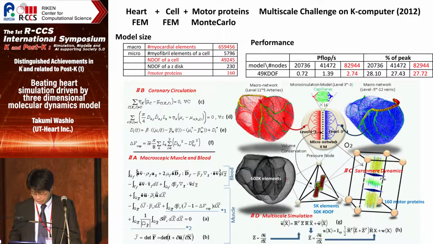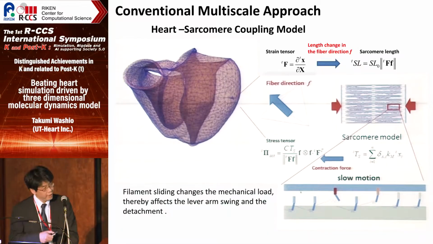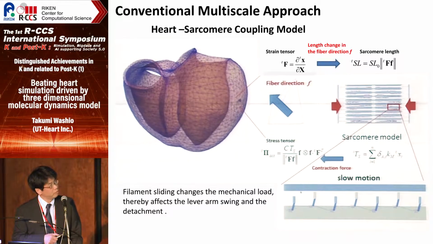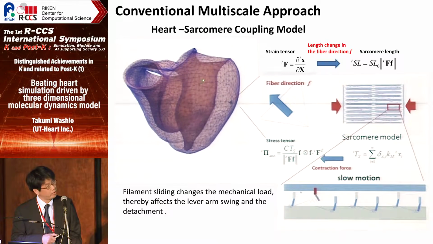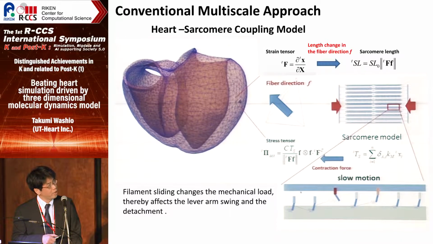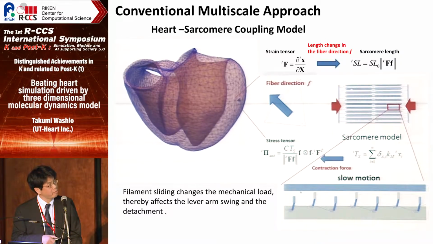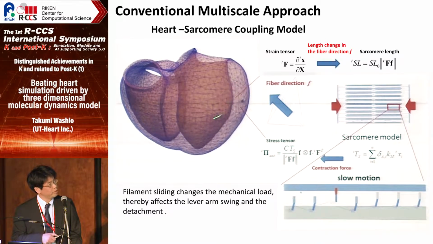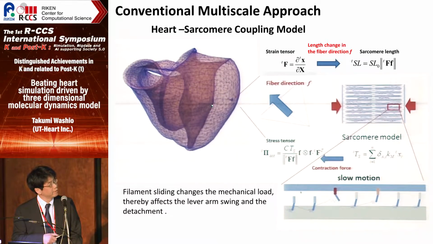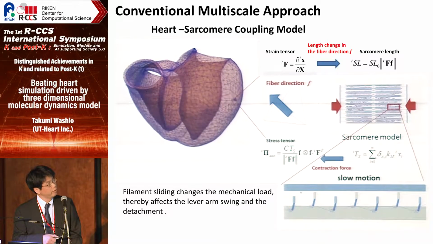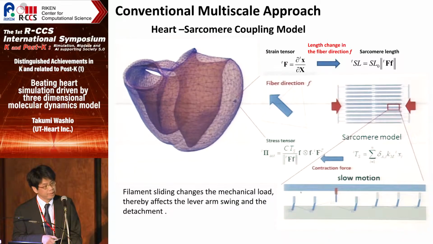Though such a huge application is unrealistic for daily clinical applications, later on we applied the developed numerical techniques and molecular models to real clinical applications by skipping the mesoscale heart cell model, where we directly embed the sarcomere dynamics model into the element of the macroscale model. The strain change in the fiber direction is sent to the microscale, and it is reflected as sarcomere length change.